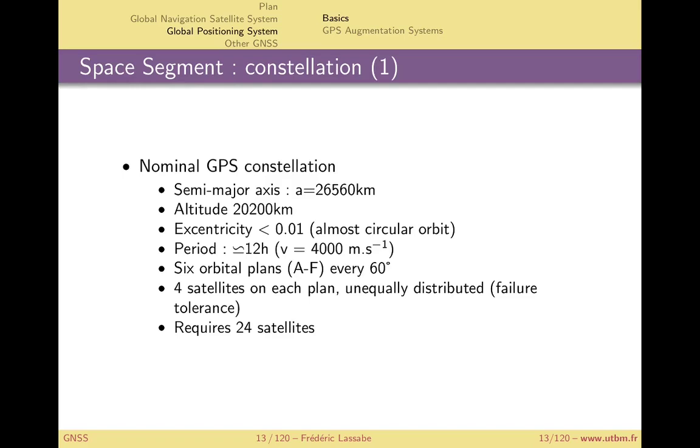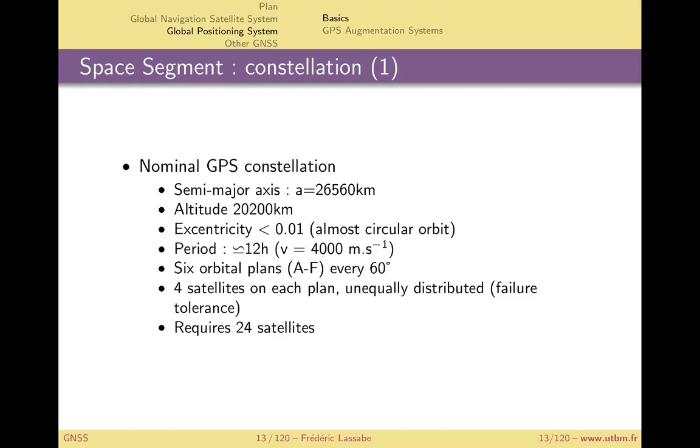They are on a semi-major axis of 26,560 kilometers, which means their altitude is 20,200 kilometers. The eccentricity of the orbital planes and orbits is less than 0.01, so it's almost circular.